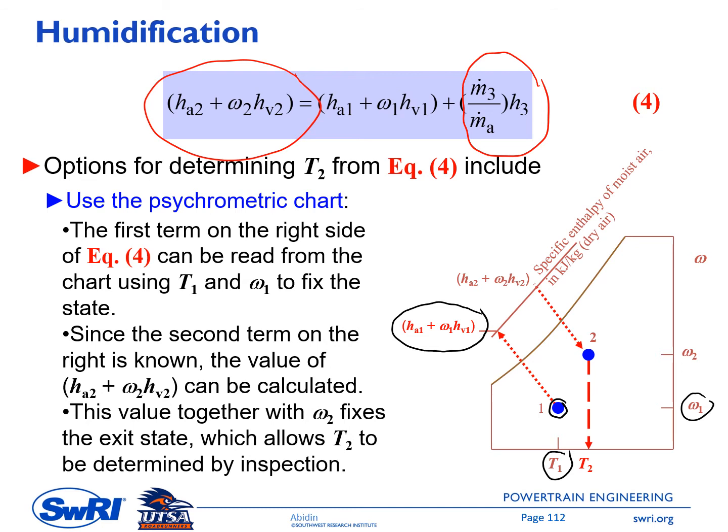If you look at this psychrometric chart, we have this value, and then we have omega 2. Then we should be able to fix state 2, this one. Okay, once we know state 2, then we should be able to get T2 here.